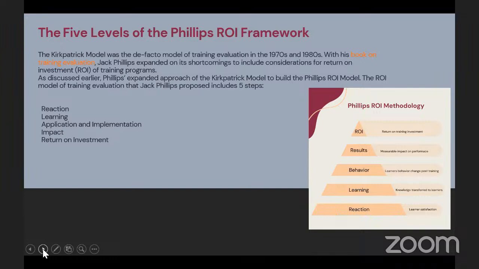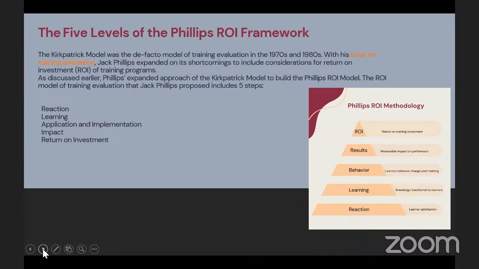But Phillips ROI, which was invented in the early 2000s by Mr. Jack Phillips, has one more level added to it, which is return on investment. So whatever we have invested into training, we evaluate what returns we are getting from the money invested into training.